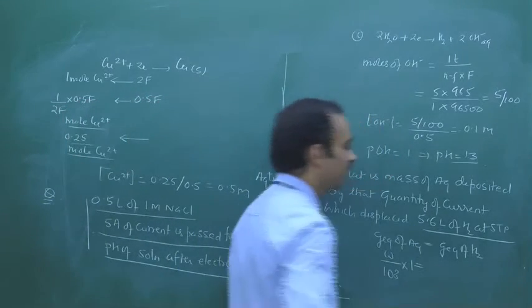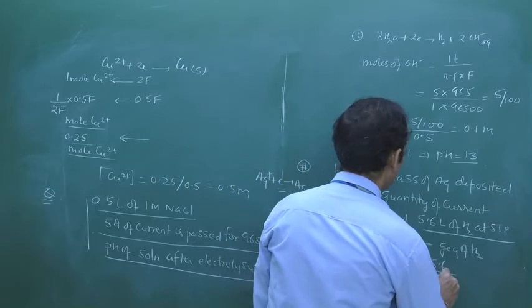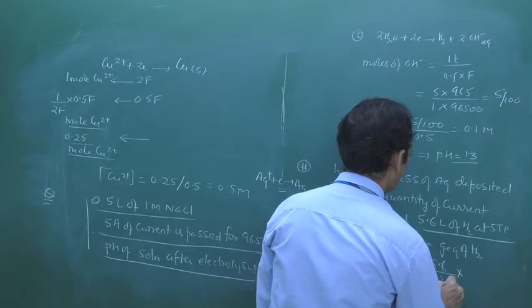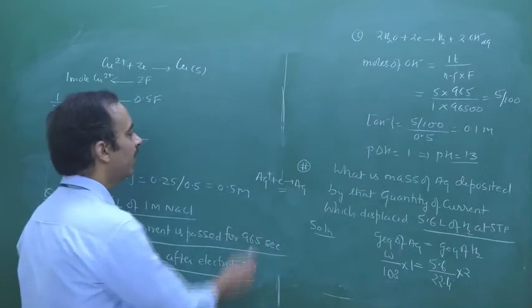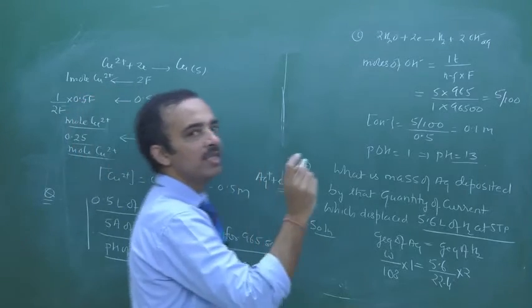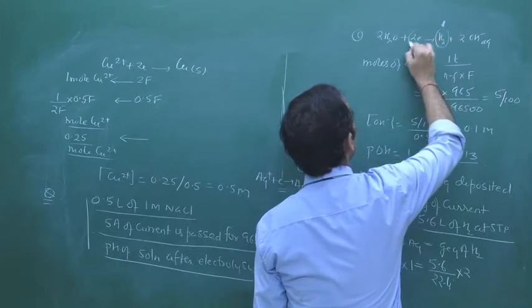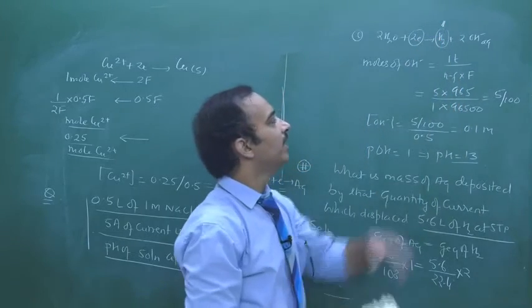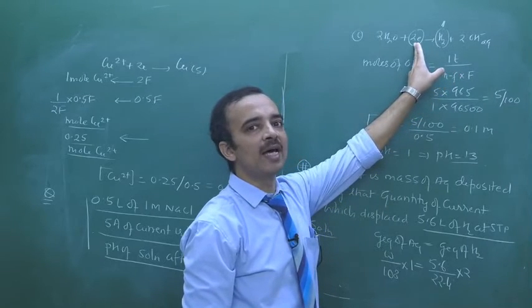What is gram equivalent of H2? It is mole into n factor. N factor of H2 is 2. See, to liberate 1 mole of H2, 2 mole of electron are needed.